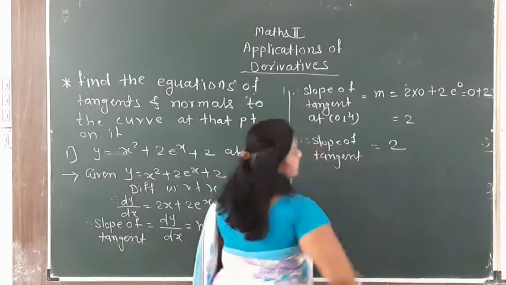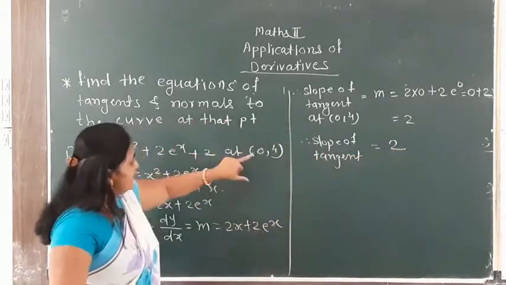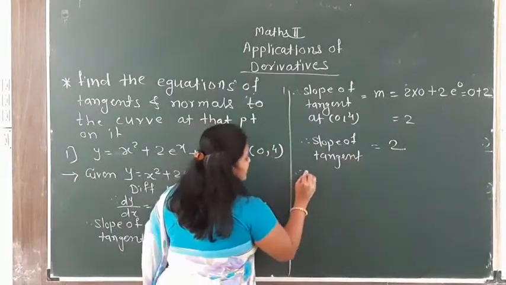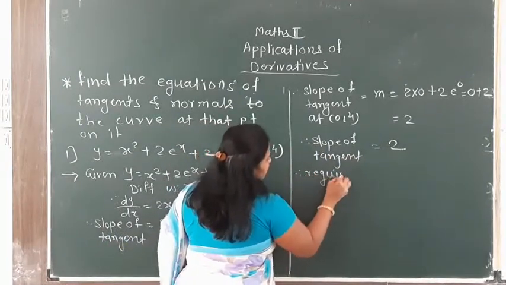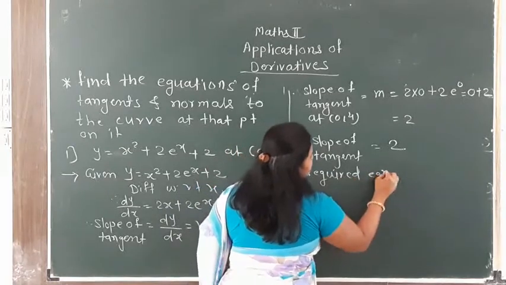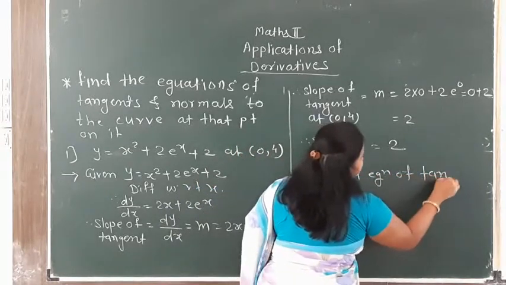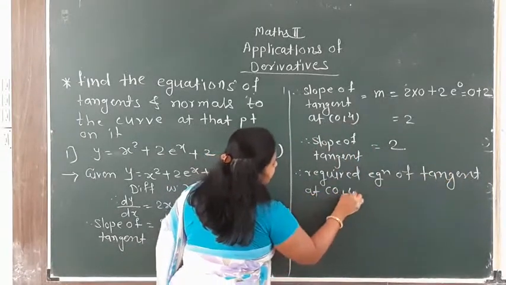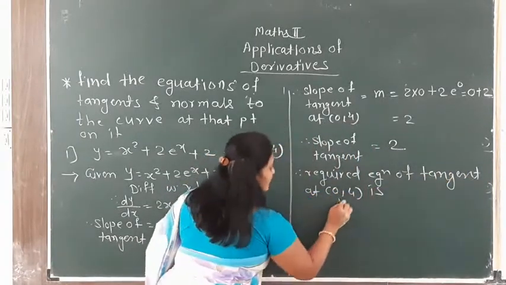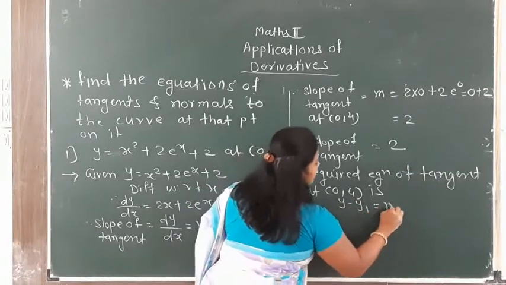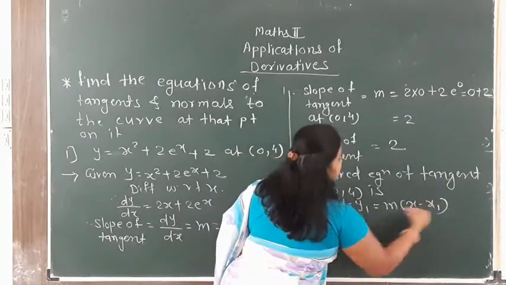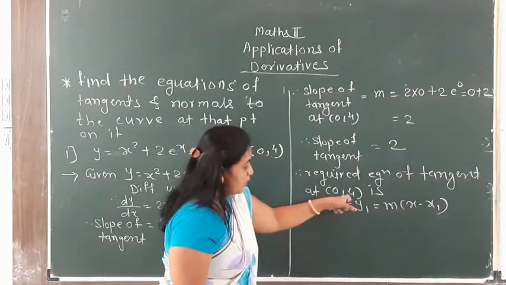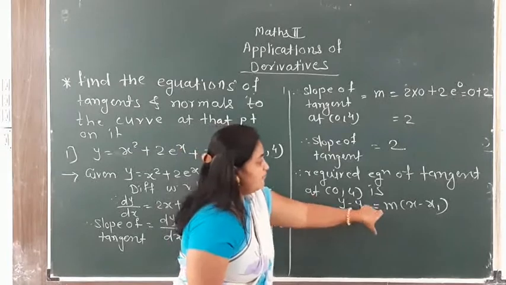The slope of the tangent is equal to 2. Now we know the point is 0, 4 and the slope of the tangent is 2. So the required equation of the tangent at point 0, 4, by using the formula y minus y1 is equal to m times x minus x1, substituting the values: y1 is 4, x1 is 0, m is 2.